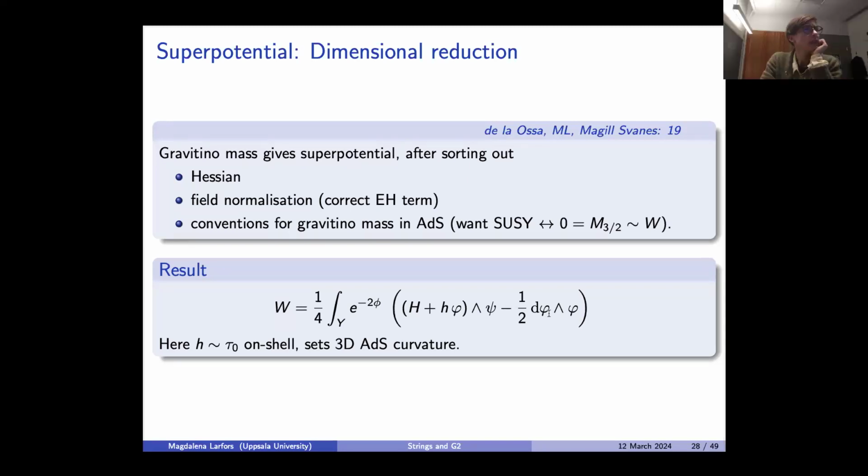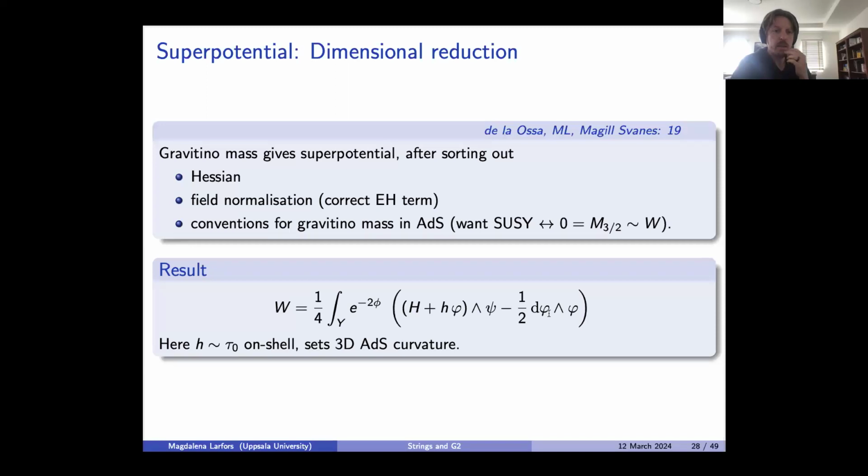I'm not sure I understand what you mean. Probably I'm not using the right words, but for me, all of my understanding of these string equations starts with this action, this modified Einstein-Hilbert action, which is like scalar curvature minus 1/12 H squared measured against a dilaton. Exactly, yeah. That would be the 10-dimensional action that you start with.